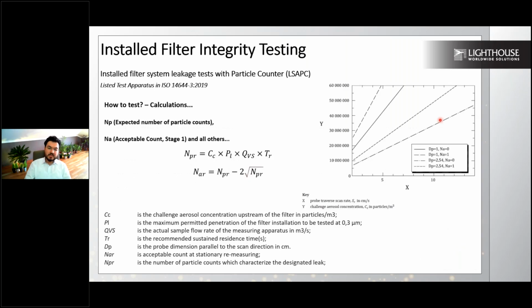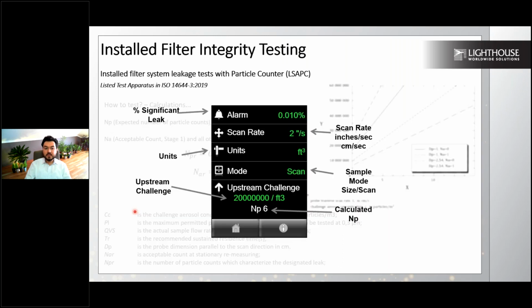And then we talked about the downside of the particle counter method. The standard describes a lot of calculations, known as the NP and NA values, which you collect from all these definitions. I will not name them all, because with the new technologies we are significantly increasing our scan rate and mode of scanning, and our upstream challenge will be recorded automatically, and this NP value will be calculated by the device itself.